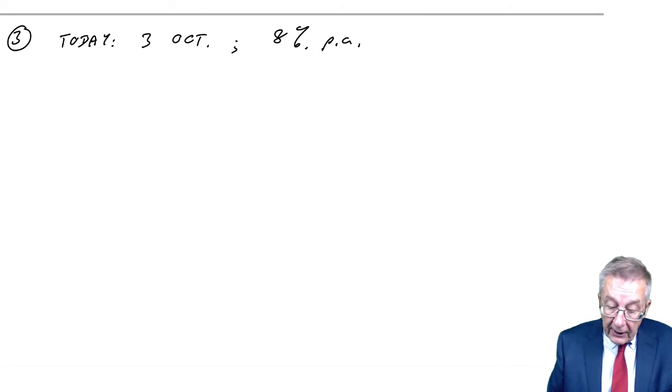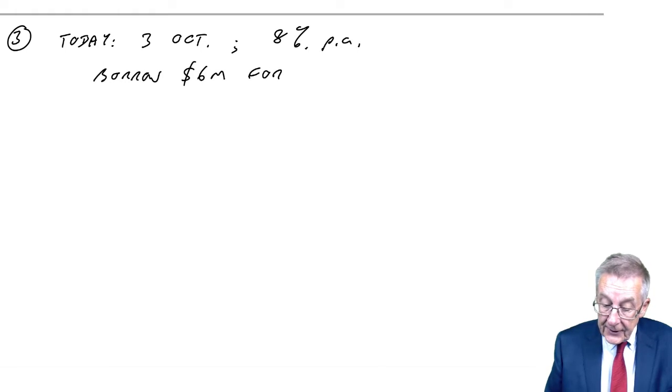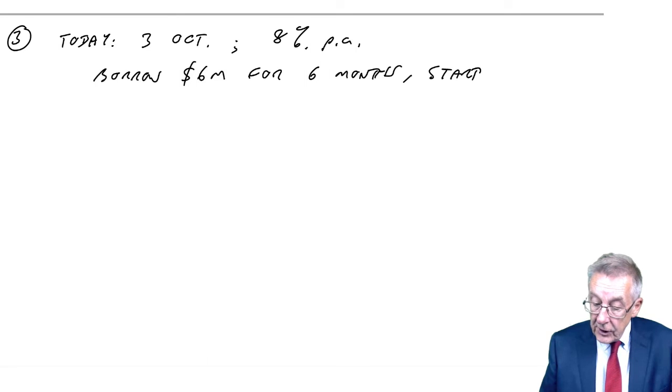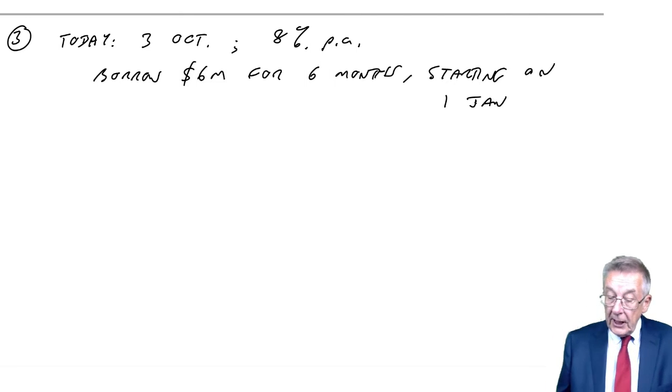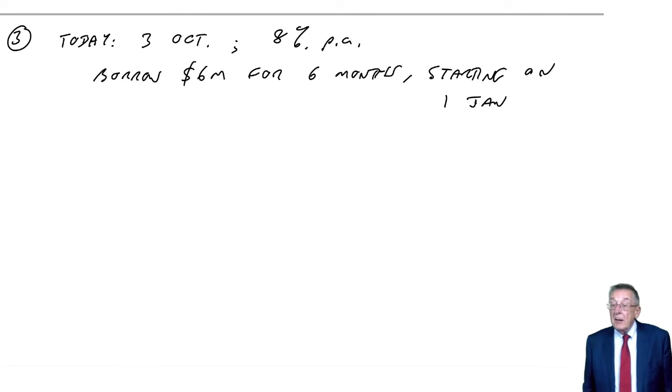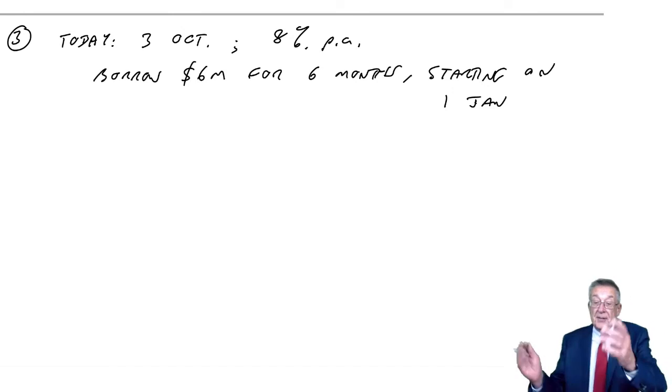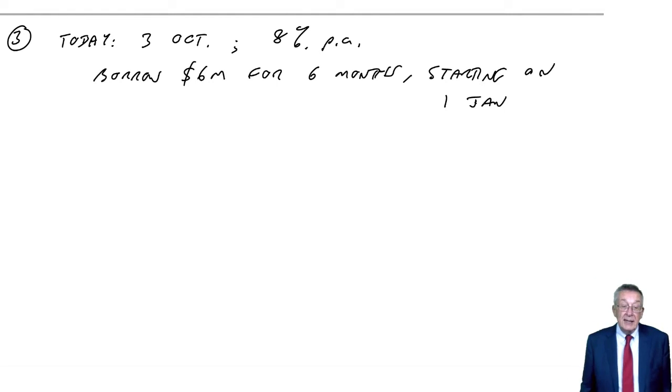And we are going to borrow 6 million for 6 months, starting on the 1st of January. I said a minute ago, as I said all the way through, by the 1st of January, they could be quoting any rate. It might be 10%, it might be 4%, it could be anything.